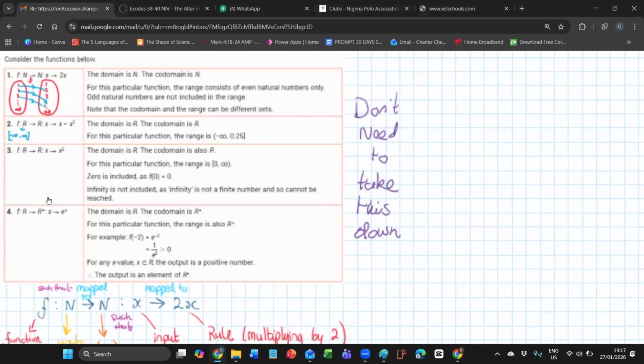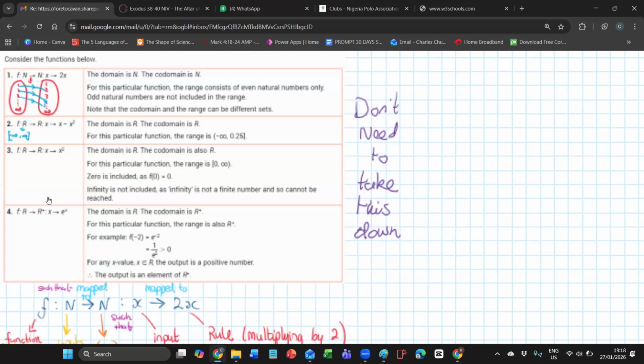Okay. Consider the functions below, where x maps to 2x. Whenever you see this kind of thing, it is the set of natural numbers to the set of natural numbers. This is just emphasizing what I said, that you can look at the input side and the output side. Some of the outputs don't have anything mapped to them, and we said that if that happens, that is perfectly okay.